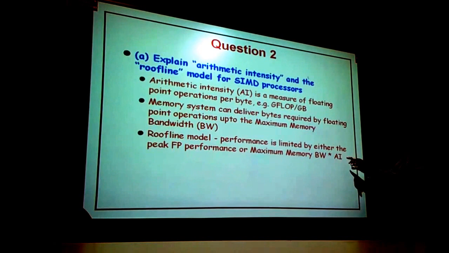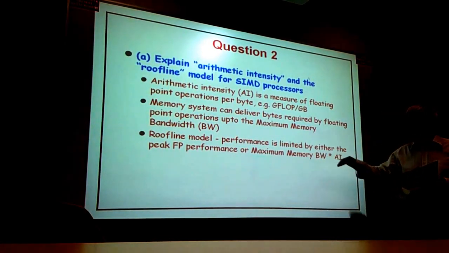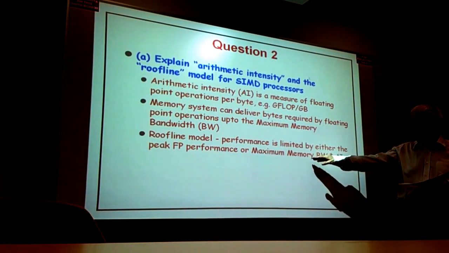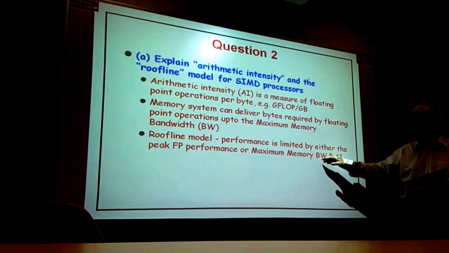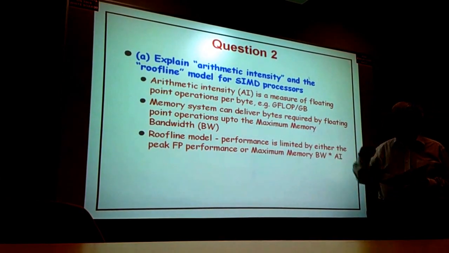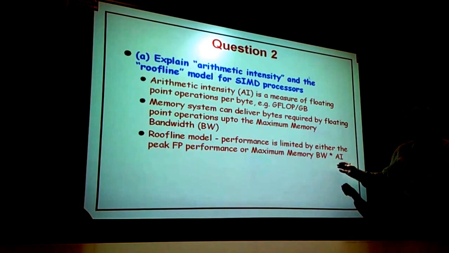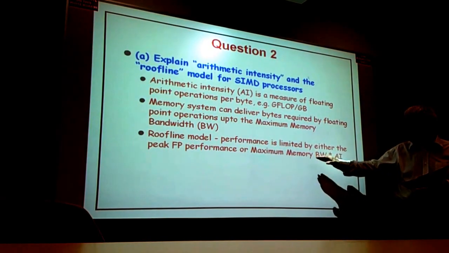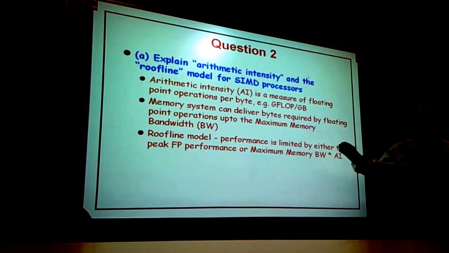And the arithmetic intensity relates the two. The maximum memory bandwidth is measured in bytes per second or gigabytes per second. The arithmetic intensity is the ratio of the gigaflop to the gigabyte. So if you multiply the arithmetic intensity by the maximum memory bandwidth, you get gigaflops per second.